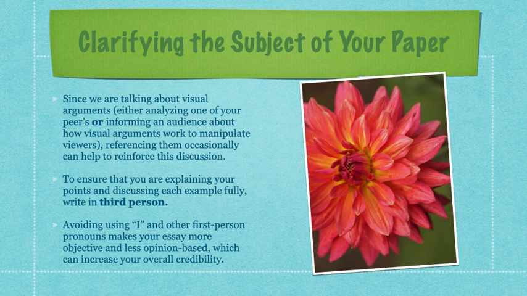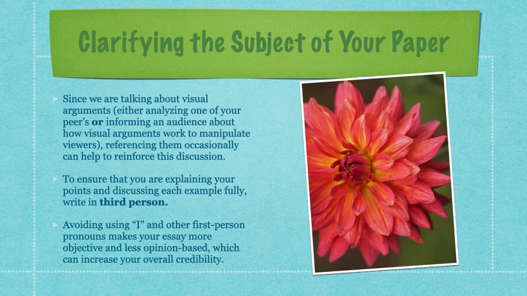Another strategy to really help with this is to ensure that you're explaining your point and discussing each example fully, which is to write in the third person. So this takes away the I or all of the first person pronouns and makes your essay more objective, so less opinion based. This has a lot of benefits because when you remove I, the first person pronoun, you won't be using yourself as the subject, and that means that you'll be forced to just focus on the conversation at hand.